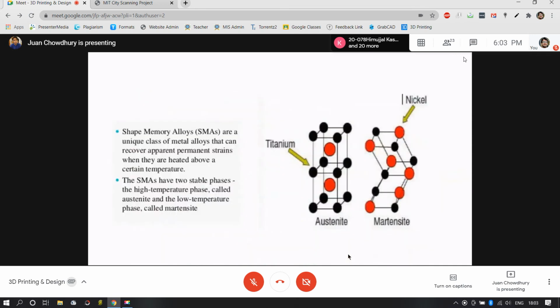So let's see what actually happens over here. As you can see, steel has different structures based upon the temperature at which it is. Steel is nothing but a combination of iron and carbon. Again, if you manipulate the percentage of iron and carbon, the structure of steel changes.